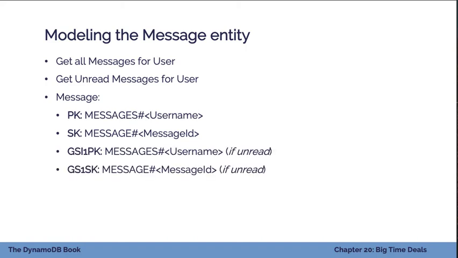So what we're going to do on our message is add this GSI1PK and GSI1SK. It's going to be the exact same pattern as our actual primary key, but we're only going to include these attributes if that message is unread. So once that message is read, we're going to delete these attributes off there. It's going to get removed from that secondary index. And now when we query that secondary index, we'll get just the unread messages. We won't get the read messages.